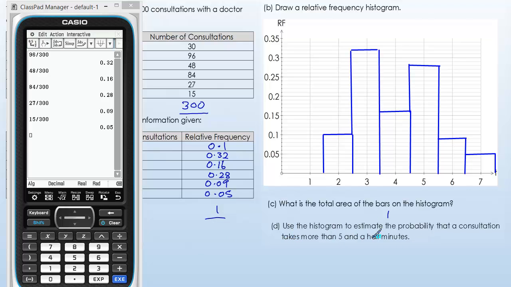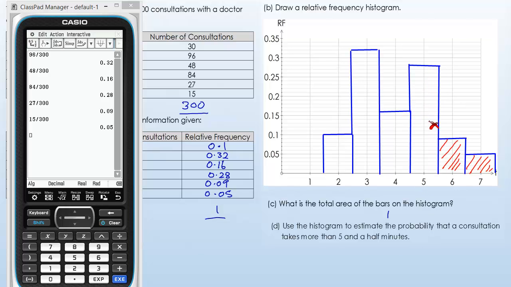Use the histogram to estimate the probability that a consultation takes more than 5.5 minutes. So, 5.5 minutes. That's just here. And so what we're going to have is all of this bar, and 5.5 minutes, I'd put that at 5.